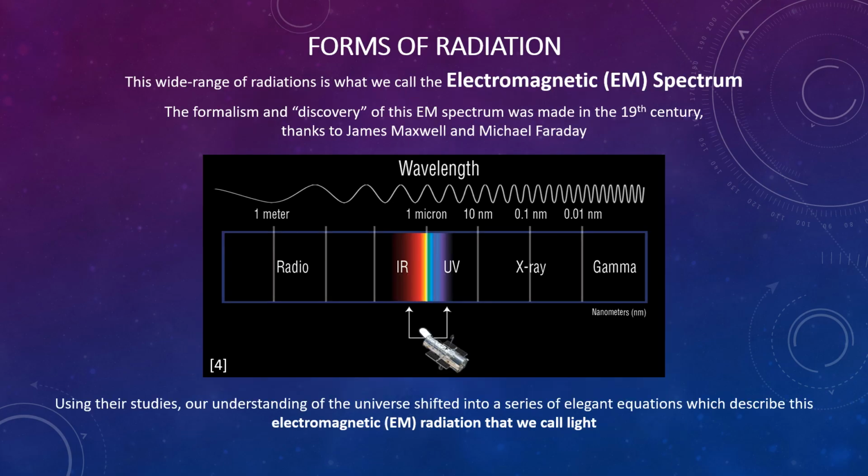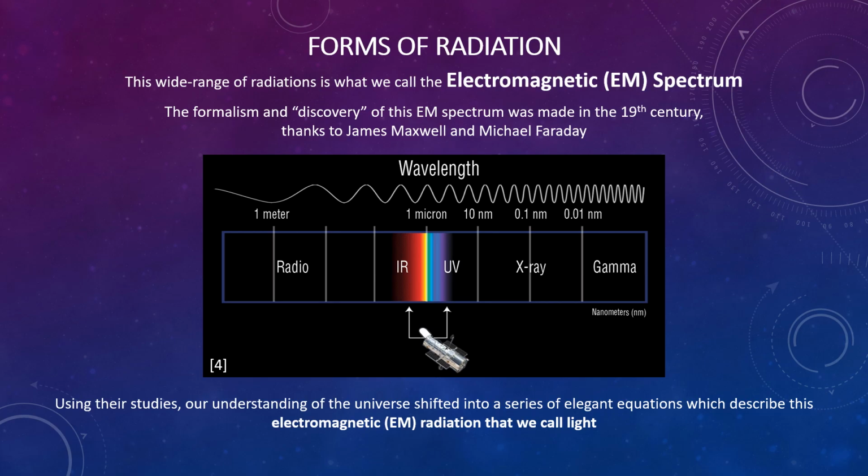So light can take on a lot of different energies and have a lot of different wavelengths. And so this wide-ranging term for all of the different wavelengths that it can take on, we call the electromagnetic spectrum. These are all of the different wavelengths or energy levels that light can have. The discovery and formalism of this spectrum was made in the 19th century by James Maxwell and Michael Faraday.